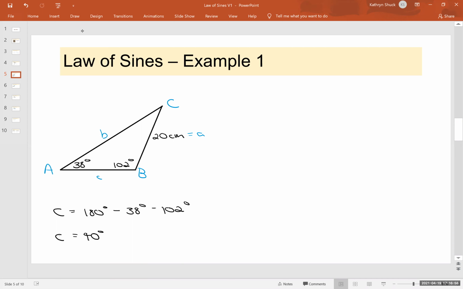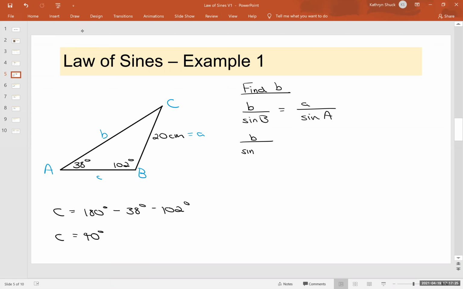Now the next thing I'm going to do is find side b. It doesn't really matter which one, I'm going to find side b. So I'm going to use my known ratio to do that. I'm going to set up my little proportion: b is to sine B as a is to sine A. So little b is what we're looking for.